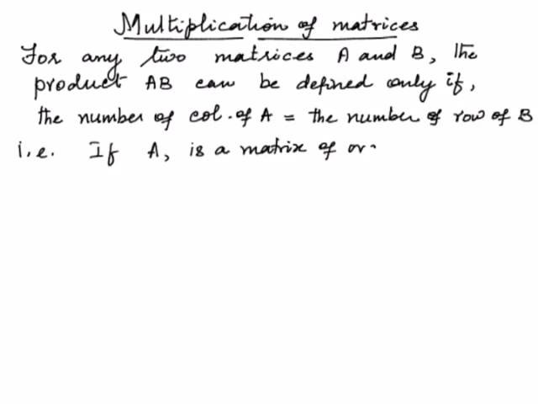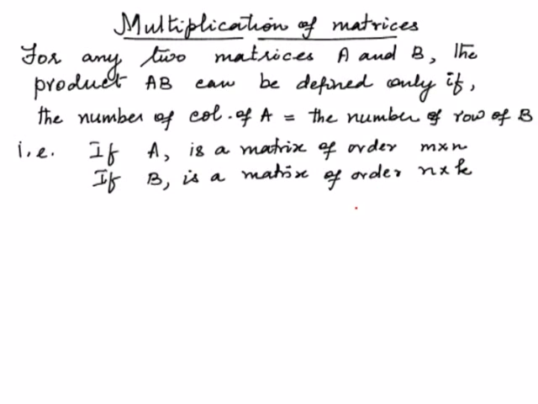of order m by n, and if B is a matrix of order n by k, then the resultant matrix, if I represent it as C, will be of order m by k.